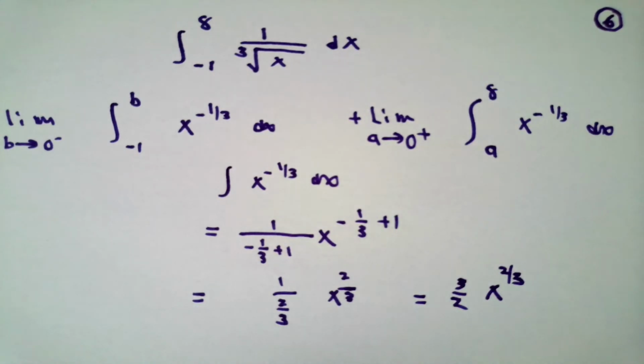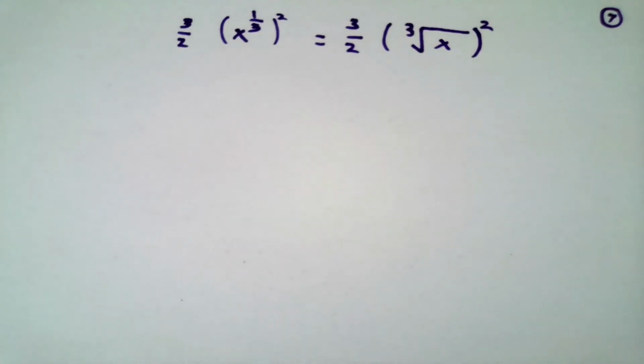An antiderivative is 3/2 x to the 2/3 power, which I can write in a little bit nicer way as follows. My antiderivative is 3/2 multiplied by the square of the cube root of x. Now, I'll evaluate my integrals and take the appropriate limits.